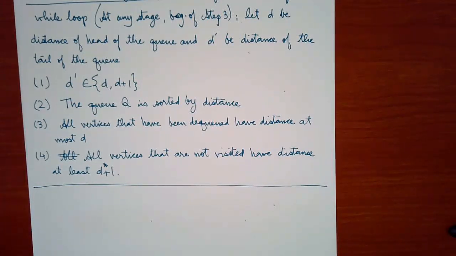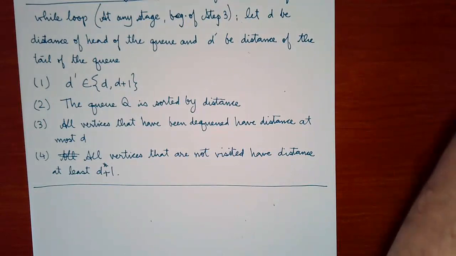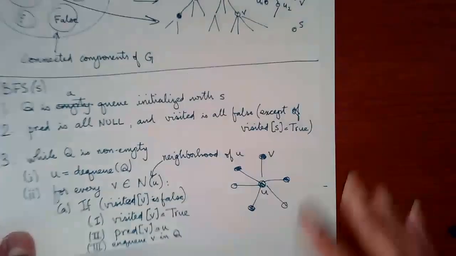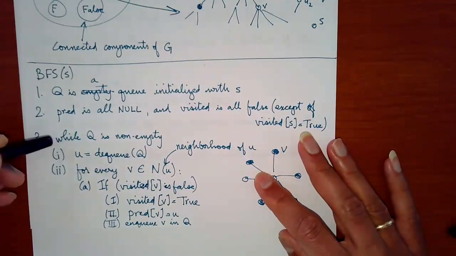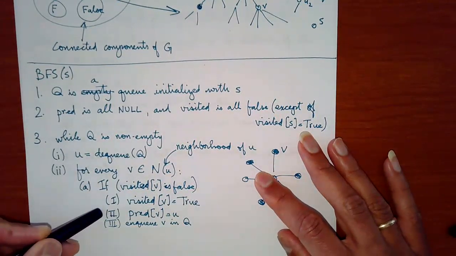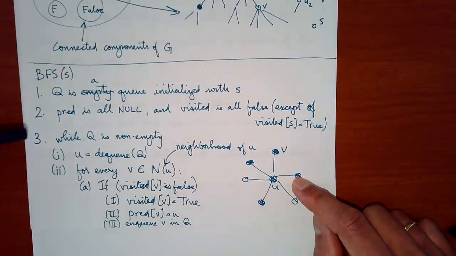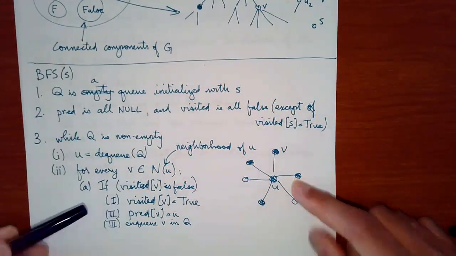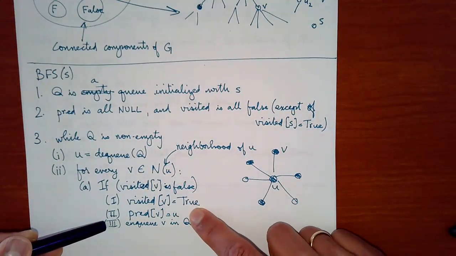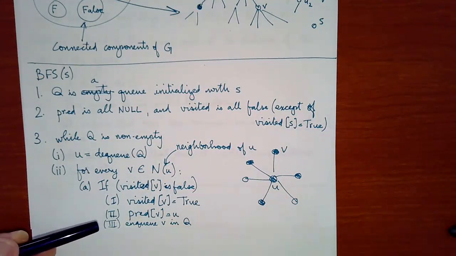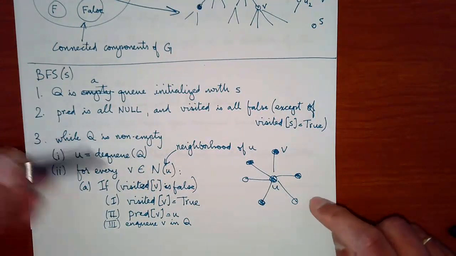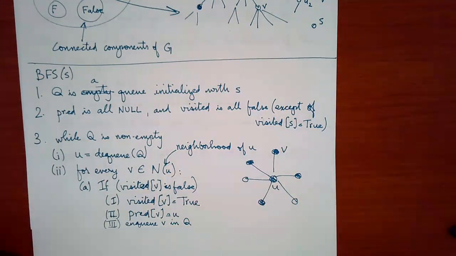Yeah, but you can't visit. So that's why I want to make sure that I'm looking at the status of the queue at this point, not at any intermediate point. I'm looking at the entire run and then looking at what happens at the queue. If you look at the queue somewhere in the middle, then you can get into problems. But this statement is only talking about what the queue is after i runs of the loop. Does that answer your question?